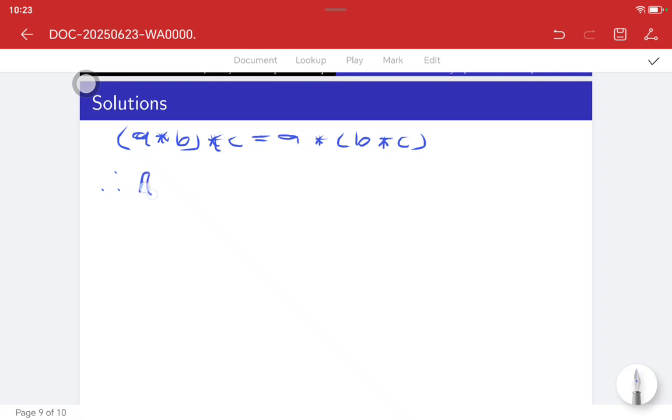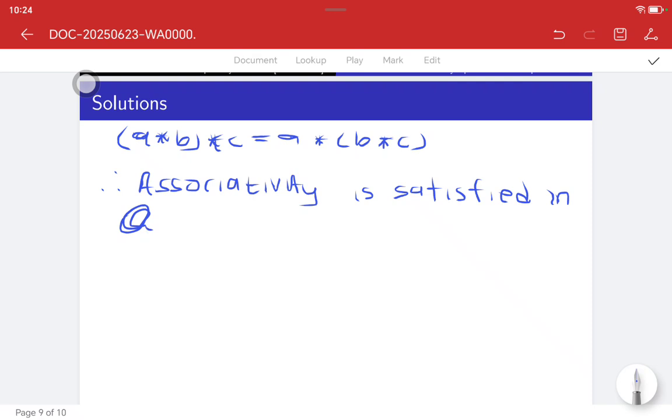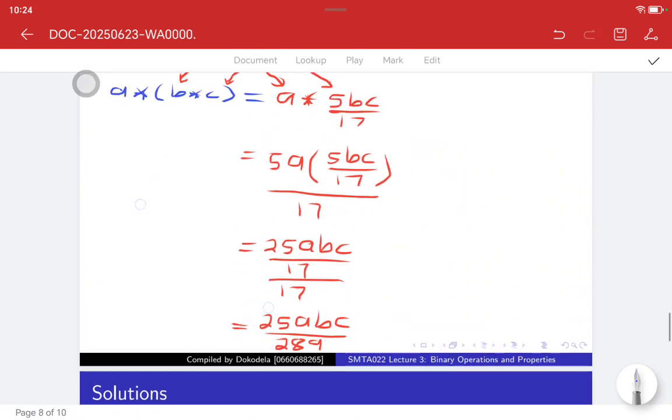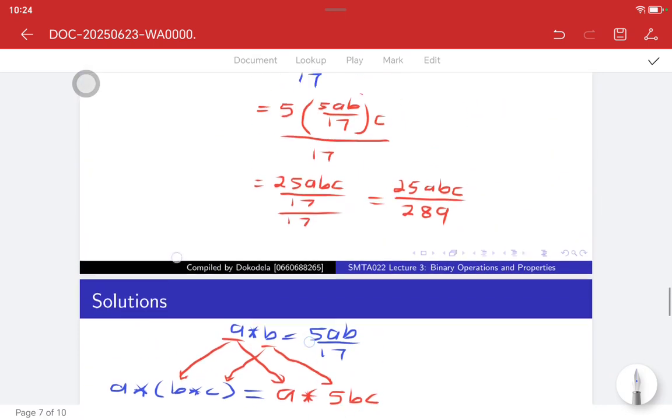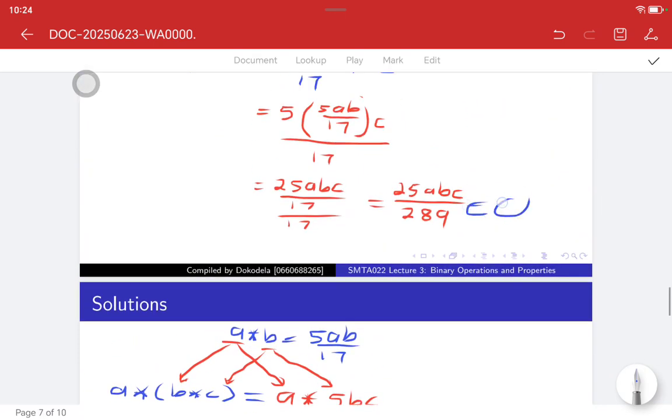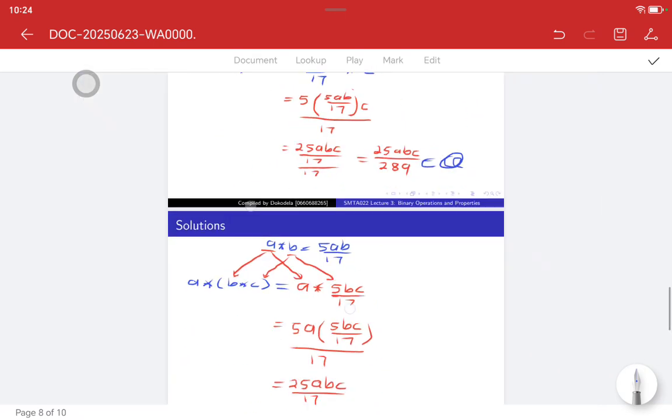Therefore, associativity is satisfied in Q. And for safety, even though it's not important to write this, we can just put it there.